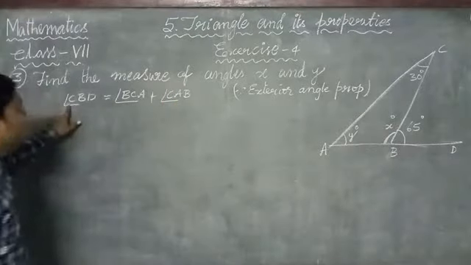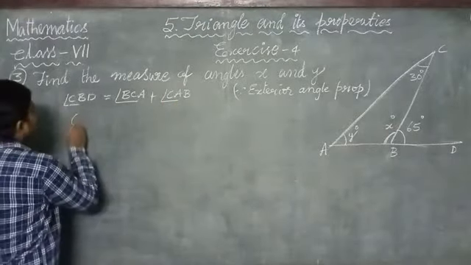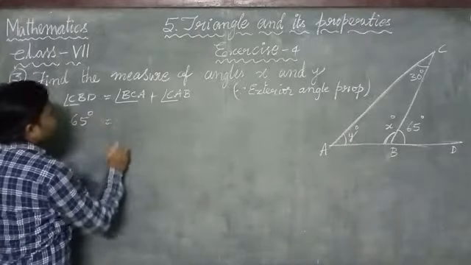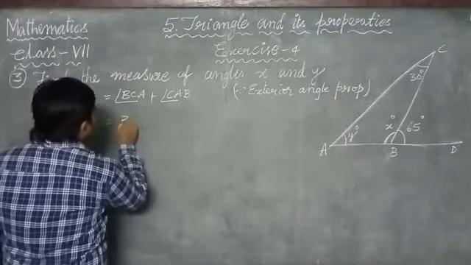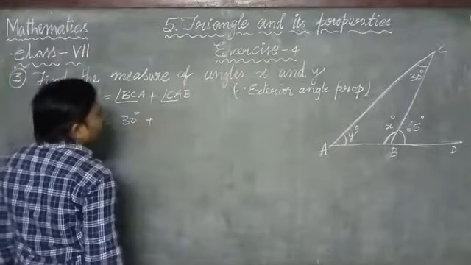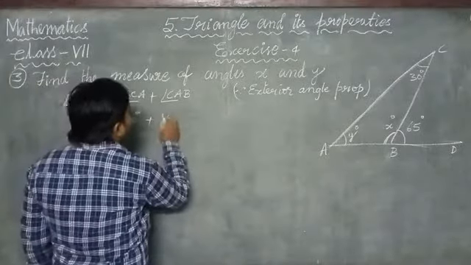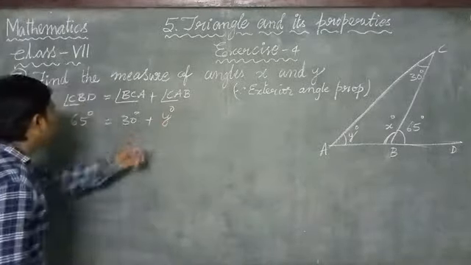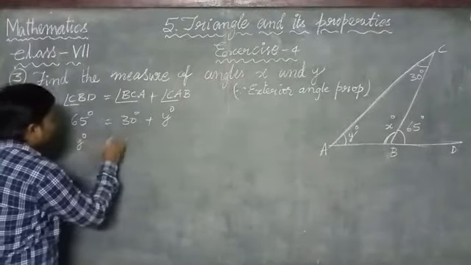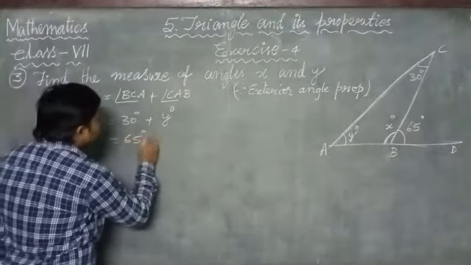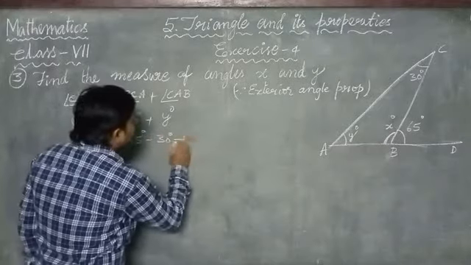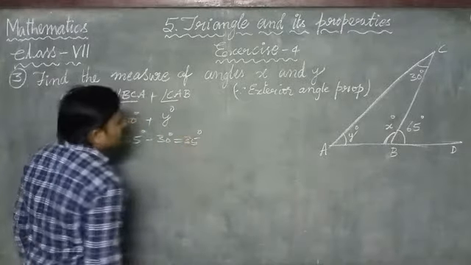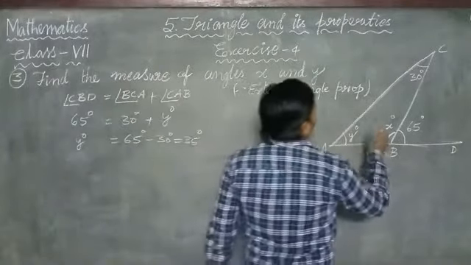Here angle CBD is equal to 65 degrees. Then angle BCA is 30 degrees. Then angle CAB is y degrees. From that, y degrees is equal to 65 minus 30 degrees. Then y equals 35 degrees.